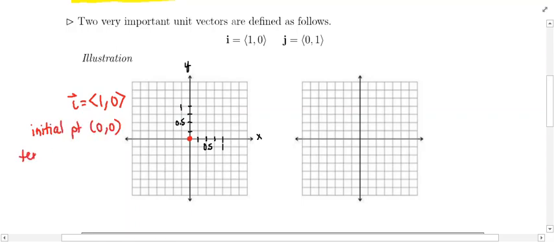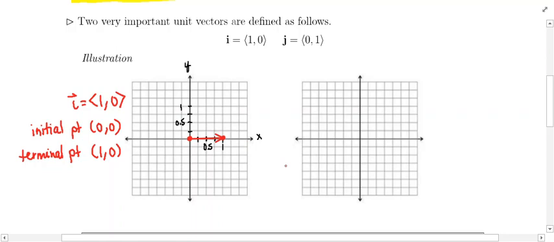The terminal point is at (1, 0), right here, and we draw our arrow from the initial point to the terminal point. So this unit vector parallels the positive x-axis.